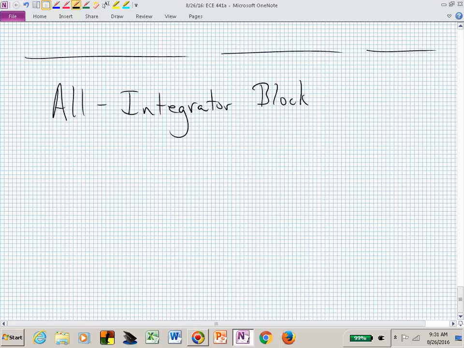Let's build one on a piece of paper. Okay, so now we want to build an all-integrator block diagram, which will be for this particular system, our MSD, the mass spring damper system that we just worked with.